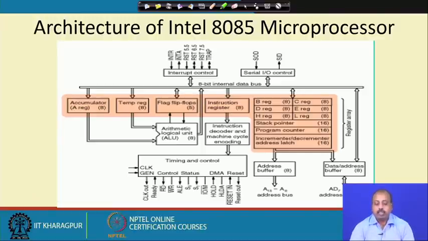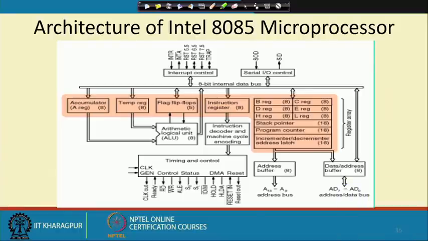In that case I have register pair B, which consists of the registers B and C, making a total of 16 bits. We have register pair D, making DE as a pair, and H, HL as a pair. These are all individually 8-bit registers, but when you take two of them together, they make a 16-bit register.